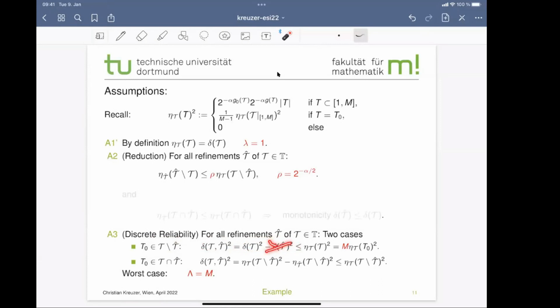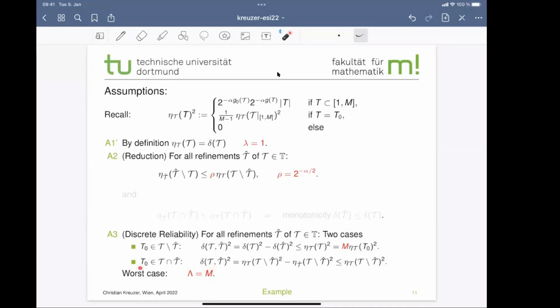You can simply skip that. And you get here the error estimator, and this error estimator is just m times the error estimator on the initial element. And this then obviously can be bounded by that guy here. Okay, so in this situation, you get lambda for the discrete reliability to be capital M.